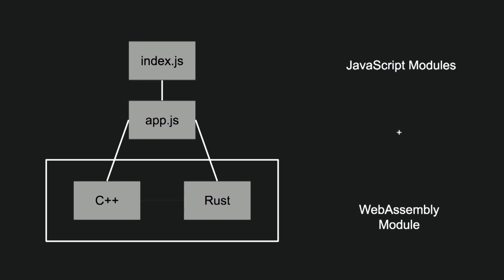The WebAssembly module is opaque. It can be anything. In my case, I have a C++ library with a Rust program compiled. But also, this can be an NPM dependency. Maybe you don't even know that you are using WebAssembly today. I want WebAssembly to be integrated into my module graph.